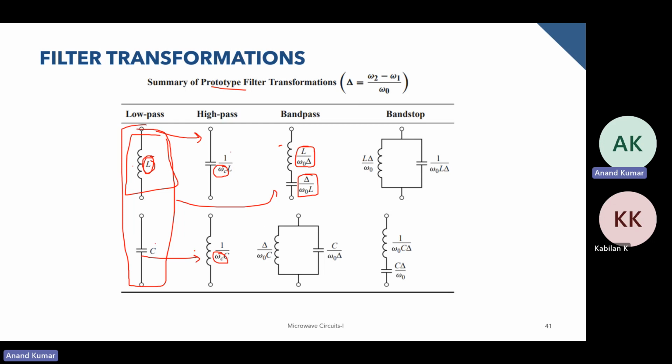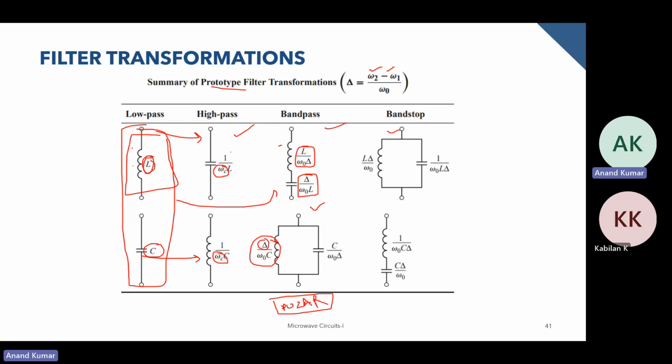If you have a capacitor, you can replace it by an inductor and capacitor in parallel, and you can use the C value to find out this term over here. And we have delta over here, which is actually omega 2 minus omega 1. The mathematics behind them is again present in Pozar. I'm skipping this, but eventually this table is all you need to change your low pass prototype to a high pass, band pass, or a band stop.